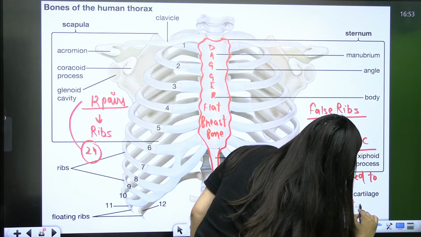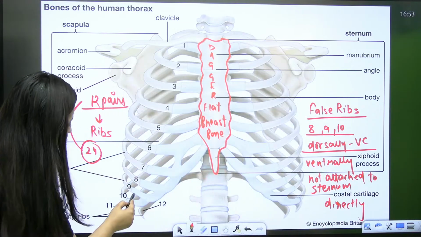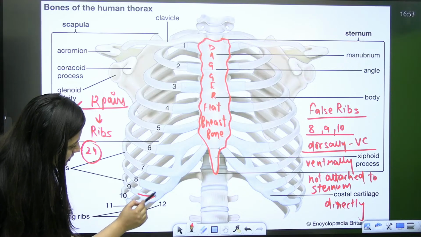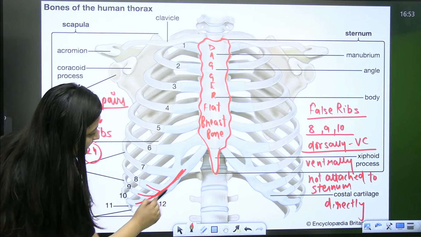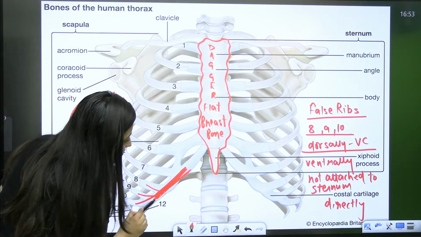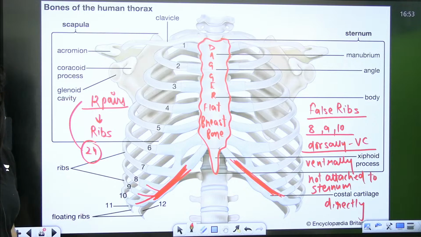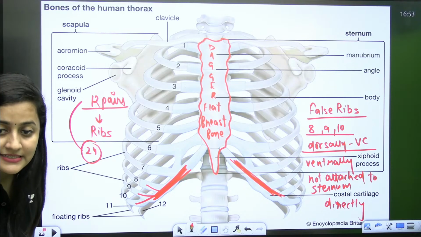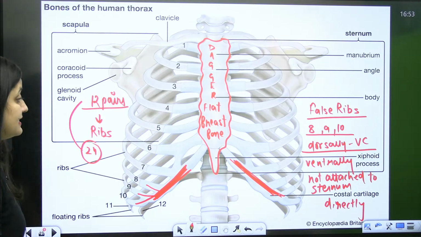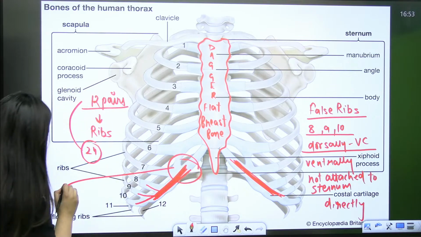Now what is the meaning of this? Your 8th, 9th and 10th pair, with the help of cartilage, is attached to the 7th pair. Which cartilage is helping here?